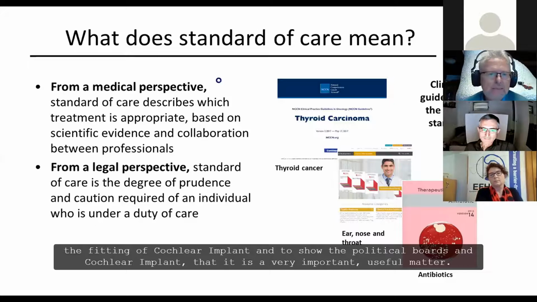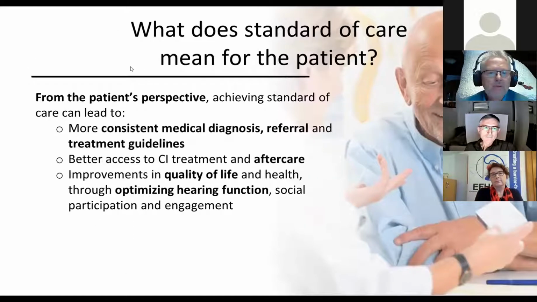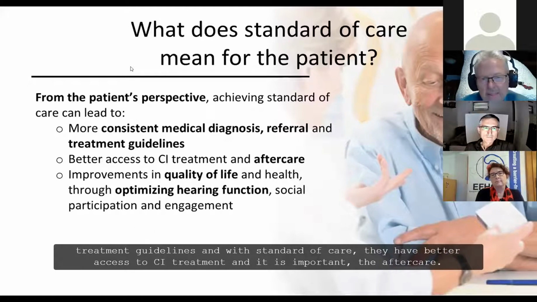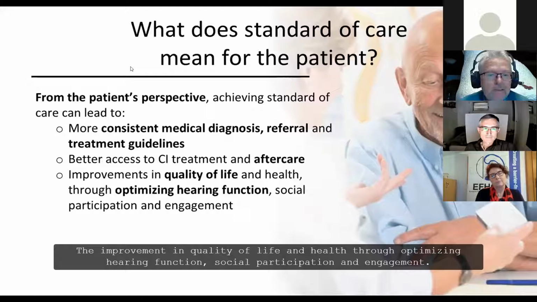So what does it mean for the patients? For the patients, it's very important that they know there is a consistent medical diagnosis, and that referrals and treatment guidelines are shown. With the standard of care, they have better access to CI treatment, and aftercare is important. There is also an improvement in quality of life and health through optimizing hearing function and social participation and engagement.